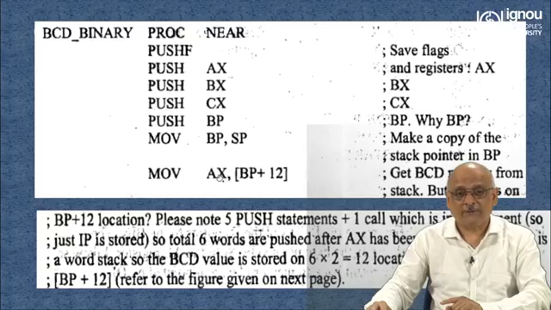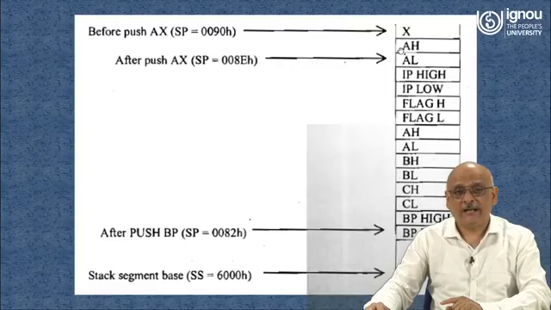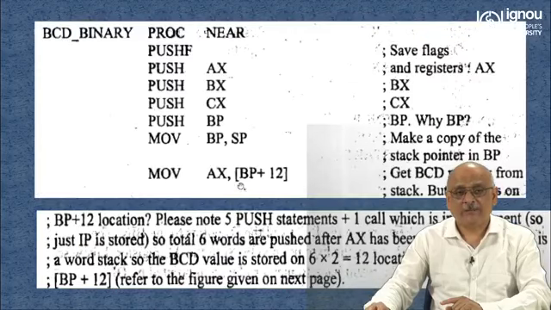Whatever we extract from the stack is pointed to by BP plus 12. We are just using the register value BP and adding 12 to it, and that becomes the reference. So the value stored at BP plus 12, that means AL and AH, will be brought into the AX register.